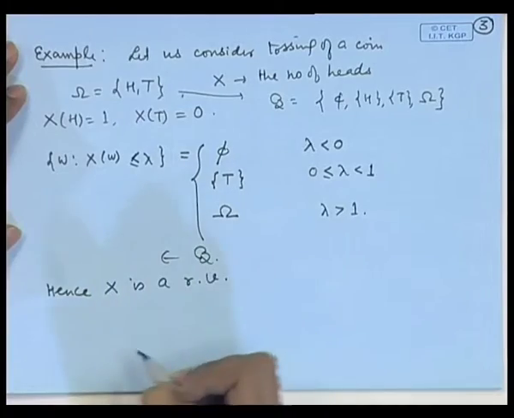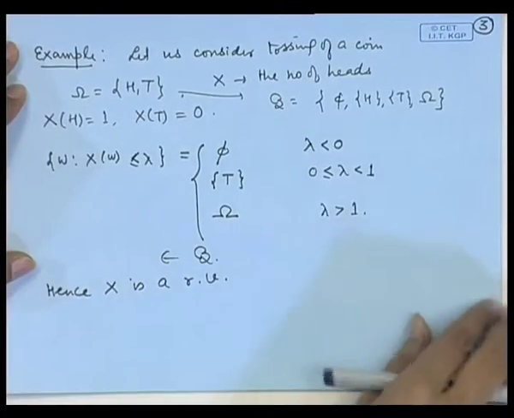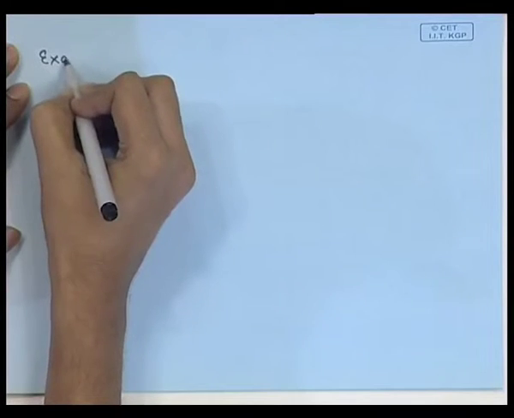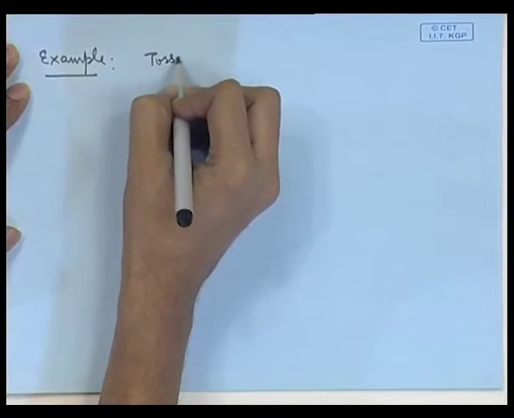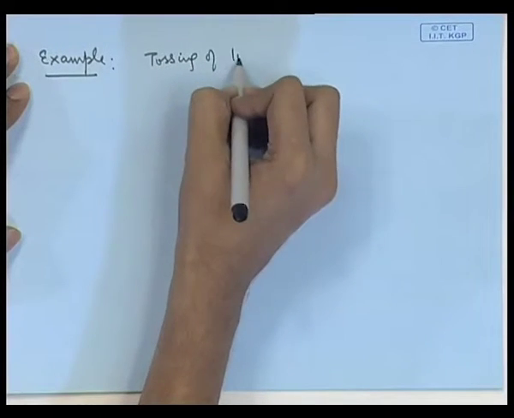Let us take another example, say tossing of two dice.